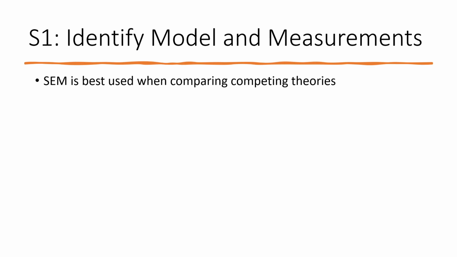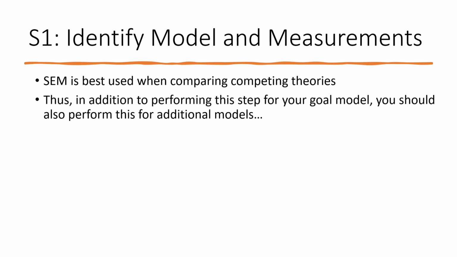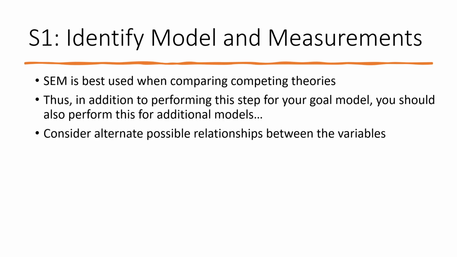Now, structural equation modeling, just like CFA, is often used to compare competing theories. So, in addition to performing your identification and model for your theory, you should also figure out what other competing theories are around that explain the nature of the relationships between the variables that you're studying.